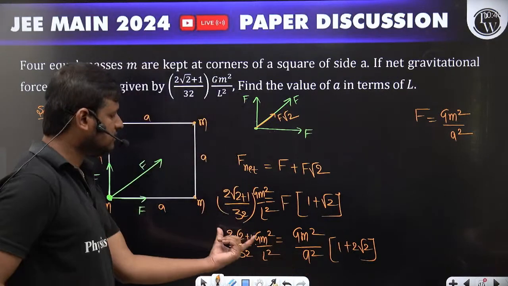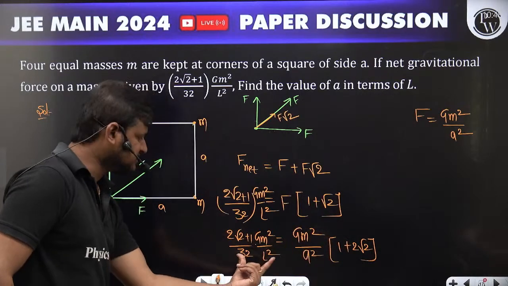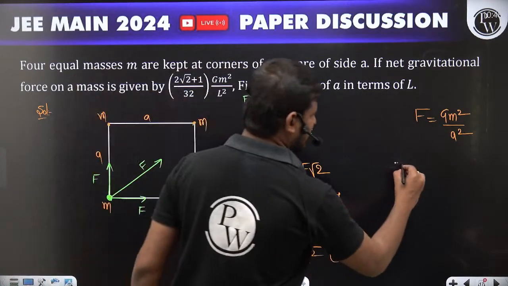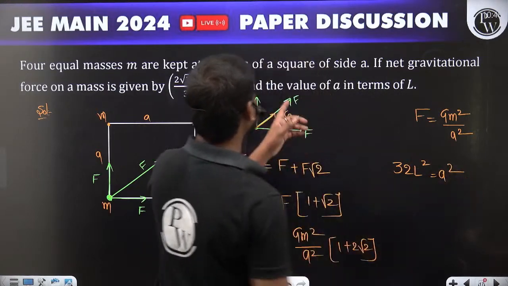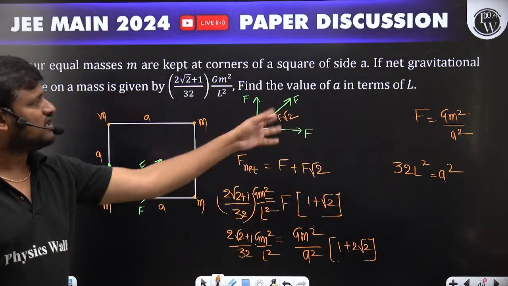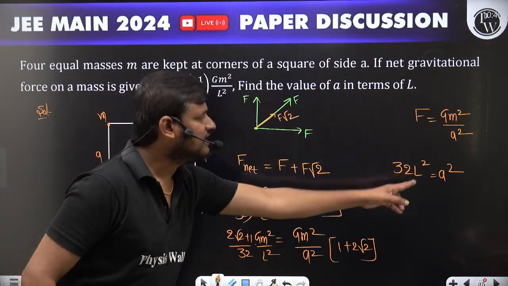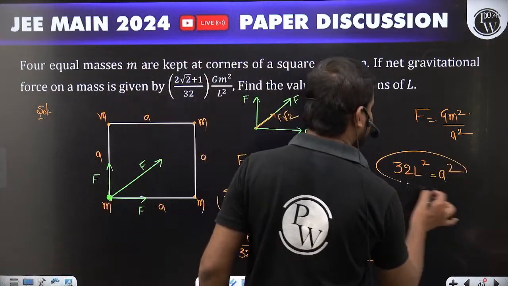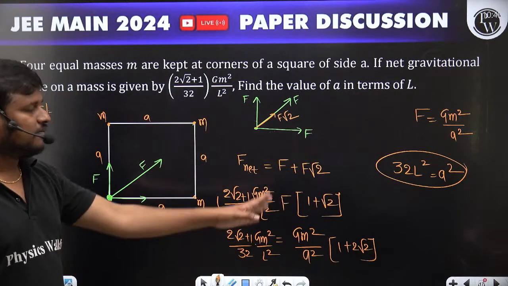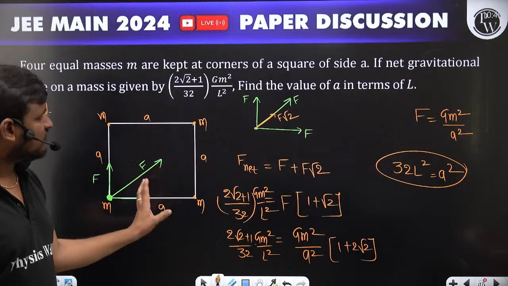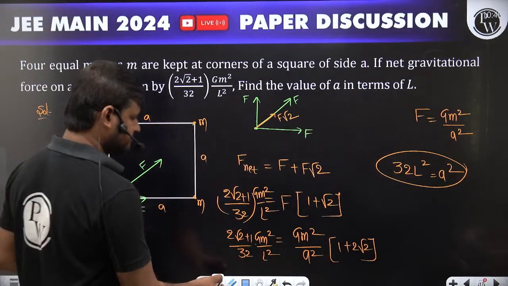Everything here is the same, just compare the denominators. So I can write 32 L square is equal to a square. I need the value of a in terms of L. So simply get the a value in terms of L. That's it. Clear? Understood everyone?